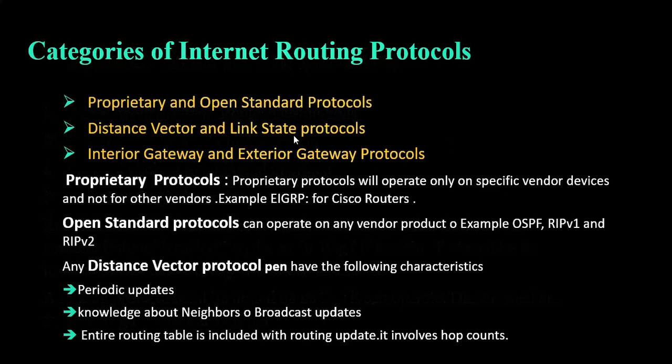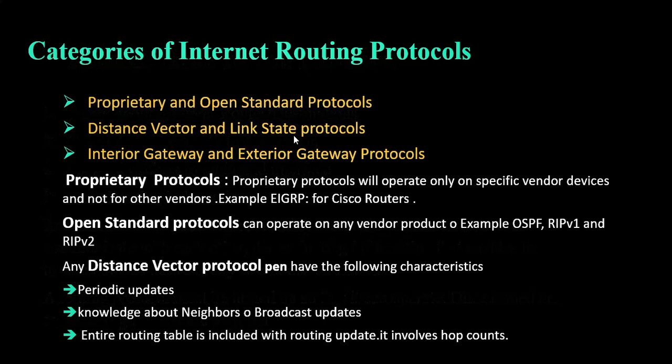We have categories of internet routing protocols. We have proprietary and open standard protocols. We have distance vector and link state protocols. We have interior gateway and exterior gateway protocols. What does it mean by proprietary protocols? These operate only on specific vendor devices and not for other vendors. For instance, we have the protocol known as Enhanced Interior Gateway Routing Protocol.